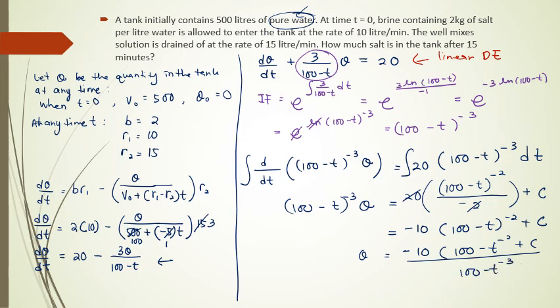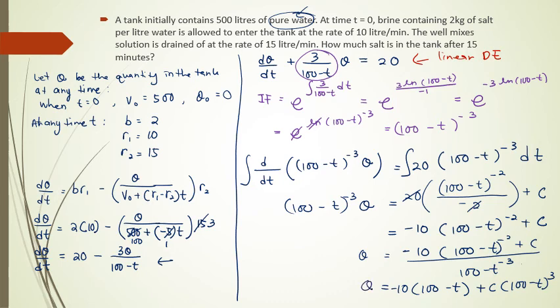Okay, so we can simplify. It becomes negative 10 times 100 minus T, plus C times 100 minus T to the power of 3, bringing it up. So this is our Q.